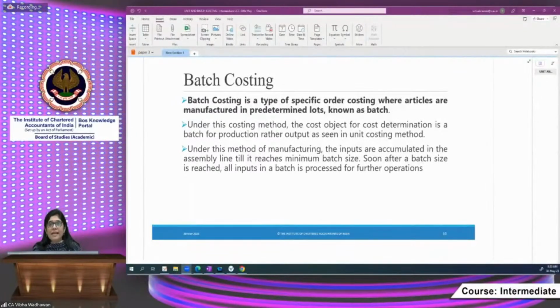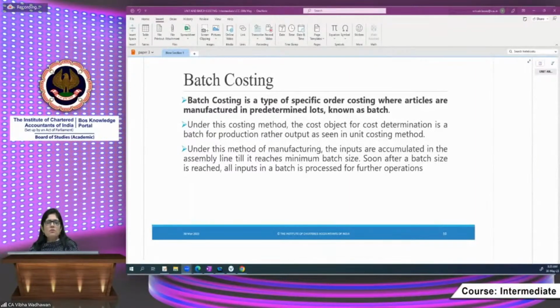So the identity of that medicine is its batch number. Clear? So let us say batch number 1, 2, 3. So that medicine was produced as part of that batch. Maybe in that batch 1 lakh strips of Crocin were produced. So the identity of every 1 lakh strips is the batch number. So they are produced together.